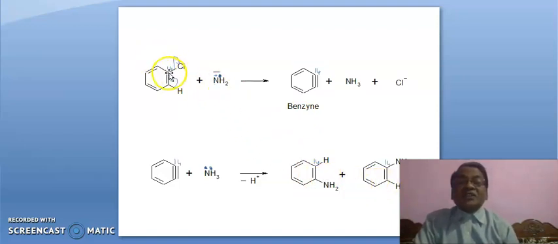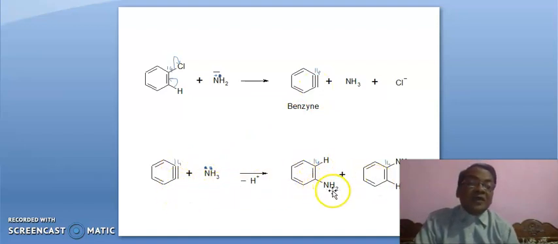If it is C14, such benzyne is obtained, and then this ammonia can attack either at this position or at this position, leading to this and this. This is the amino group which is attached adjacent to this C14, and this is the amino group which has been attached to the C14.